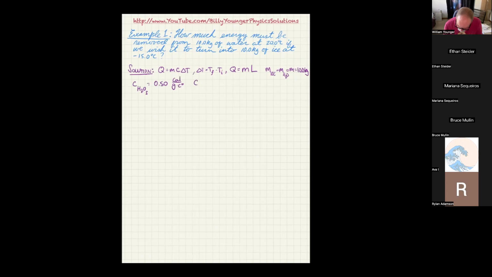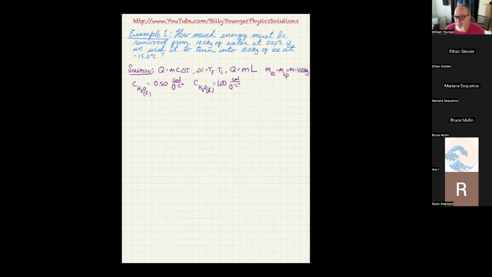And I know that the specific heat of water in the liquid state is 1.00 calories per gram Celsius degree. Now, if you look at your book, you'll see that that's specifically for water at 15 degrees Celsius, which is halfway between the 14.5 and the 15.5 that I told you was part of the definition of the calorie.